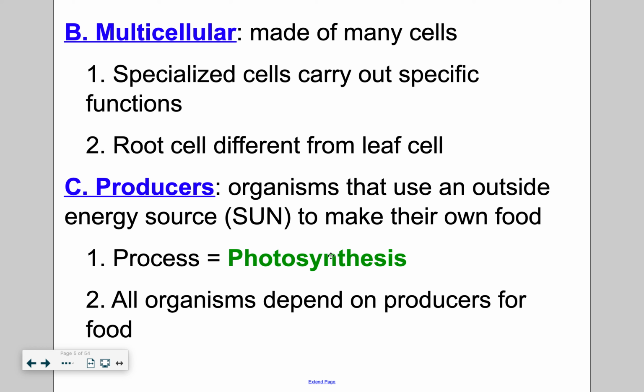Producers. Right now I'm having a cup of coffee. Coffee beans, coffee plant. It's a plant. It gets its energy from the sun. If you had pancakes this morning, flour is a grain. Grain comes from a type of plant. Plants get their energy from the sun.